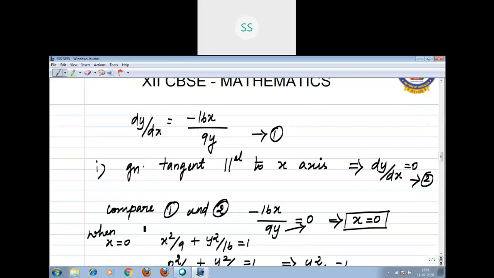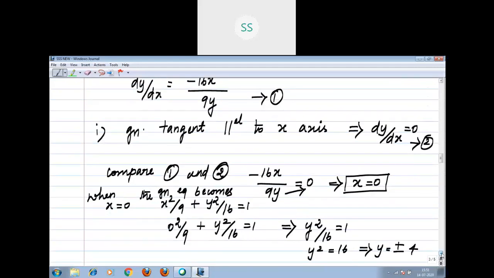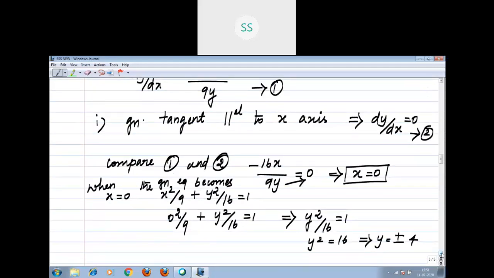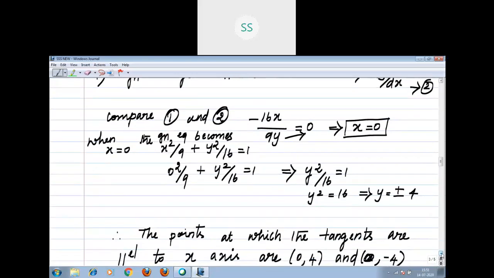When x is equal to 0, the given equation becomes x square by 9 plus y square by 16 equal to 1, so 0 square by 9 plus y square by 16 equal to 1. Your y square equal to 16, y is equal to plus or minus 4.